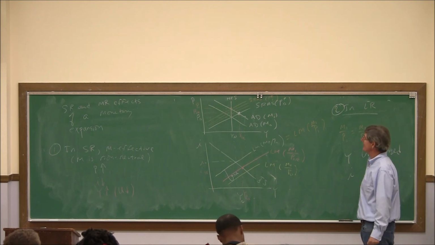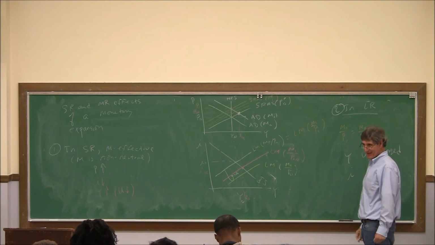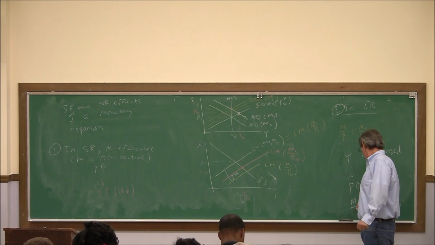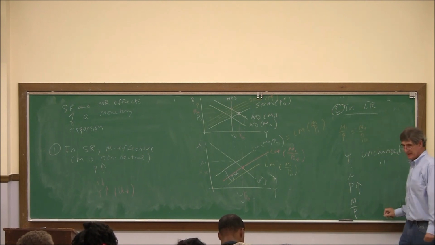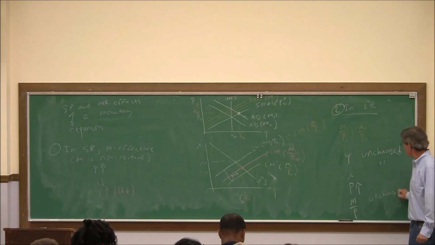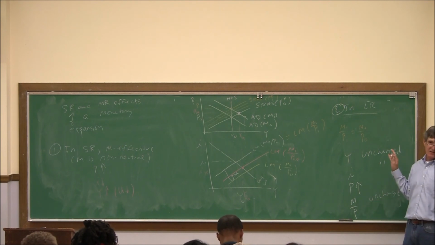Interest rate is unchanged. P goes up, but M over P is unchanged. Notice that all the real variables, real output, unemployment, real money, nothing real changes. That's what we mean by neutral.